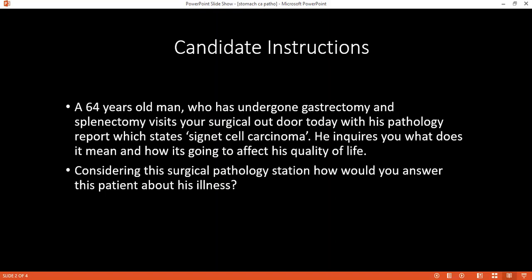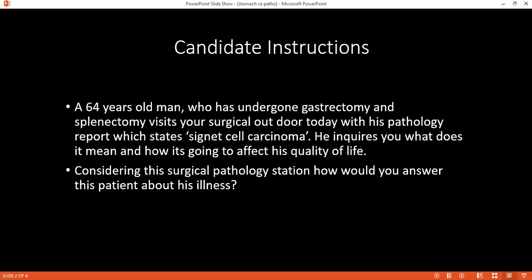Okay, what are the modes of spread of gastric carcinoma? Gastric carcinoma usually spreads to the lymph nodes, like the celiac nodes, then the prepyloric nodes, then pyloric nodes.